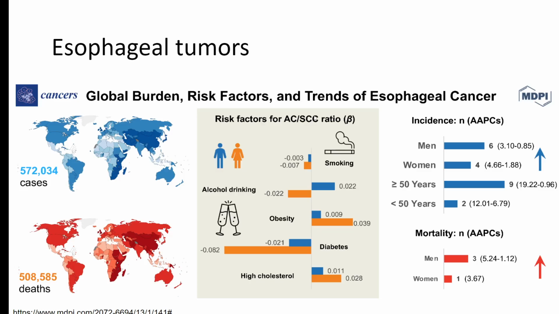Then the last part would be the esophageal tumors. Esophageal tumors are again very frequent now. Incidence is increasing, and the risk factors are well known. So it's a condition where you have a very high number of incidences and deaths also. India is one of the zones where the incidence is significantly high.